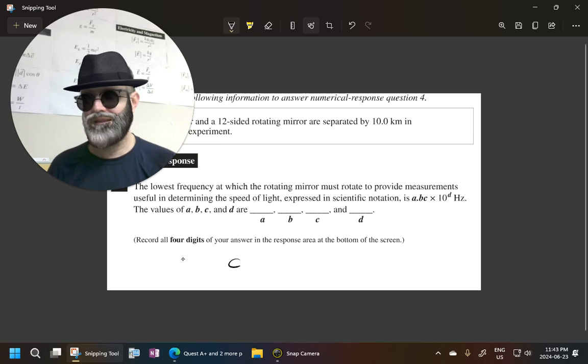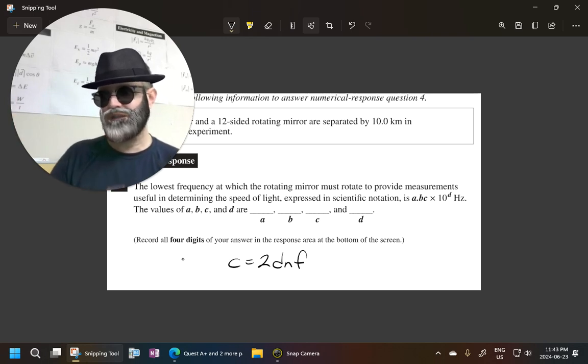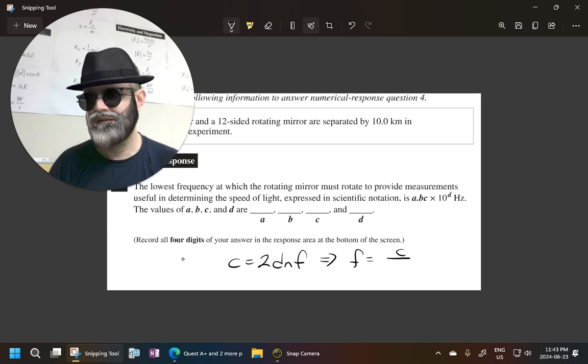So the speed of light is equal to 2DNF, right? 2 times the distance, got to go there and back. N is the number of mirrors. The frequency is what we're looking for here. Now, there's other ways to get this formula, but it's just one you remember because they always ask this one, right? So frequency is c over 2DN.